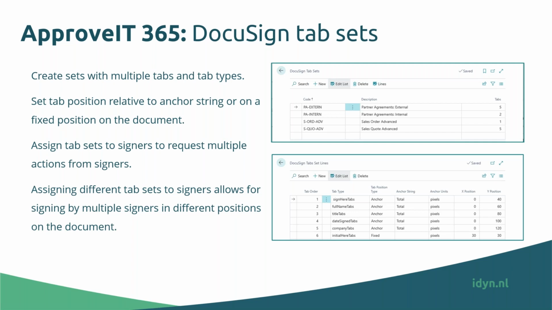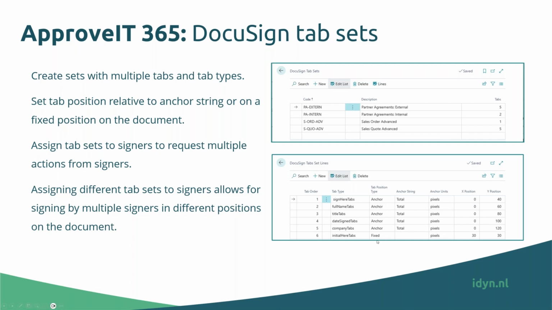For instance, we have the Sign Here tab, that's the signature. And in this example, we see that the positioning is based on an anchor string. That anchor string is total. And from there, we decide how to position it using X and Y values, in this case in pixels. However, we also have other units available.